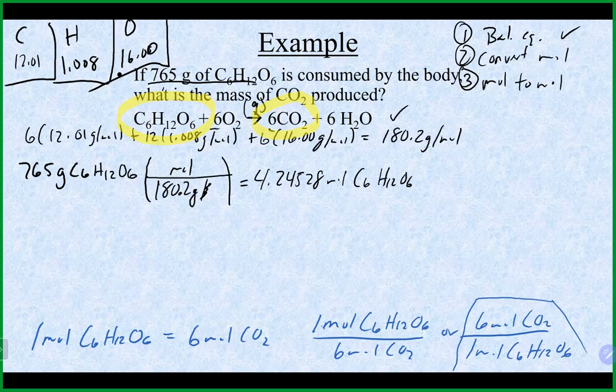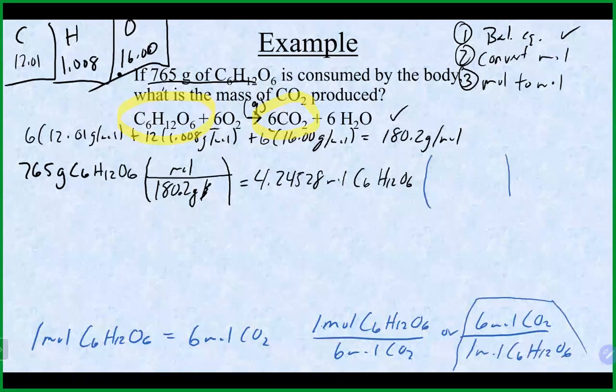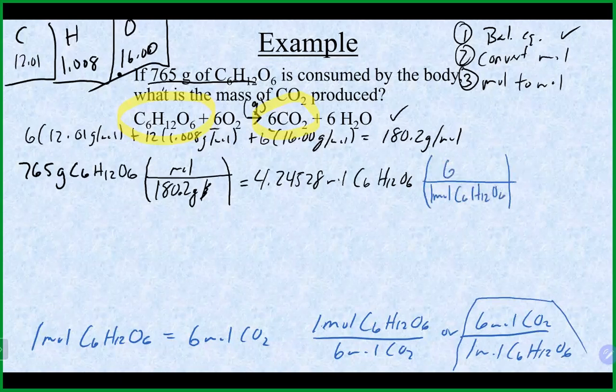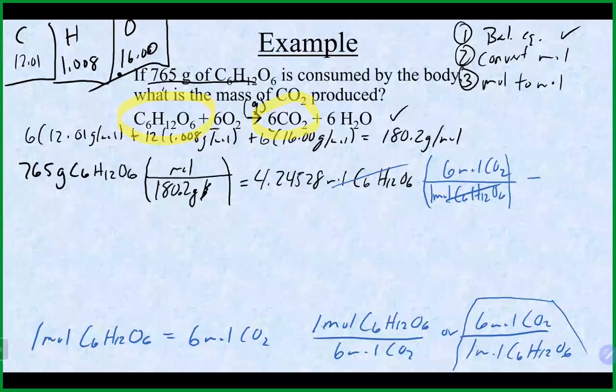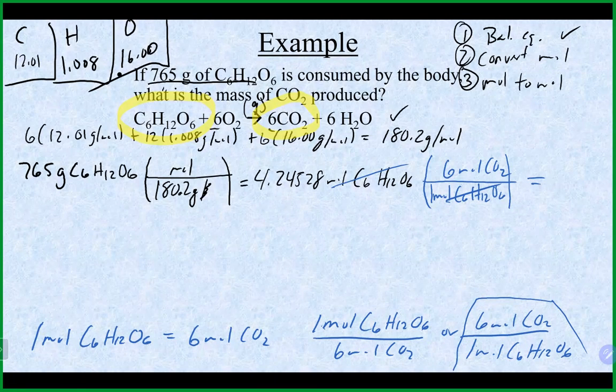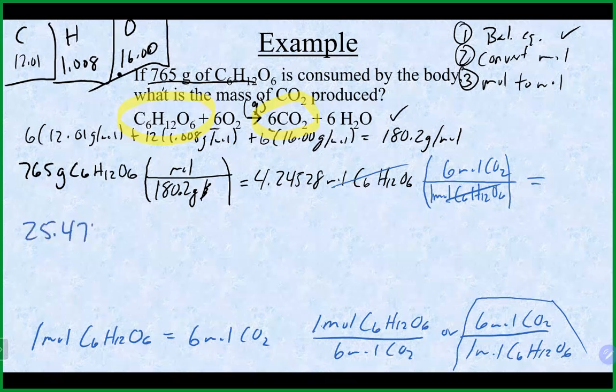So doing our third step here, using the stoichiometry from the equation, for every 1 mole of C6H12O6, we get 6 moles of CO2. That's going to cancel out our moles of C6H12O6. So we're going to actually multiply in this case by 6. And I'm just going to write it underneath here, 25.471, and we'll call it 70 moles of CO2. So step 2, step 3.